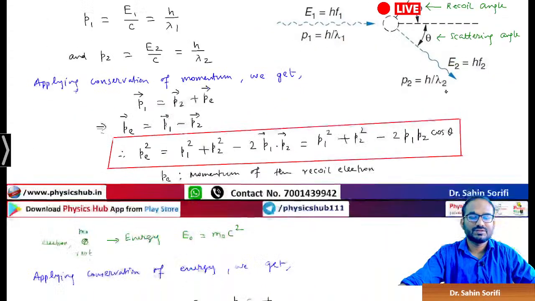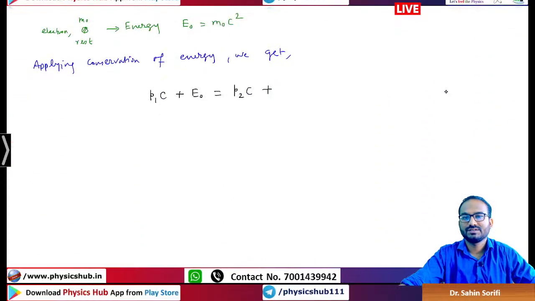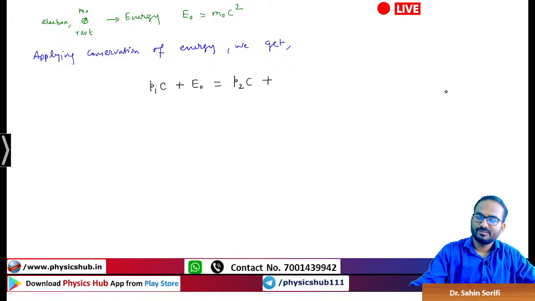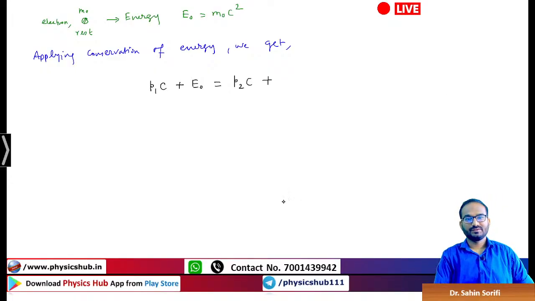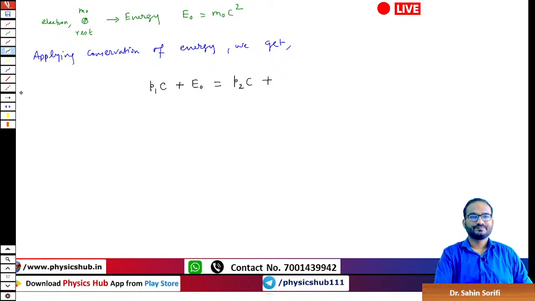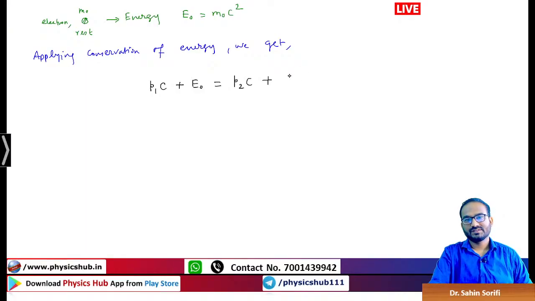And what about the energy of the recoil electron? We can use the relativistic expression of energy. It is E equals the square root of E0 square plus Pe square c square, where E0 is the rest mass energy m0 c square.